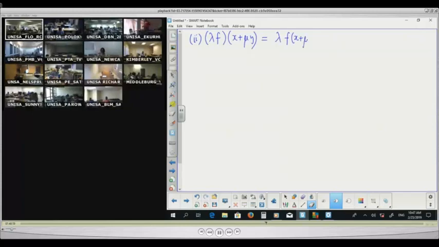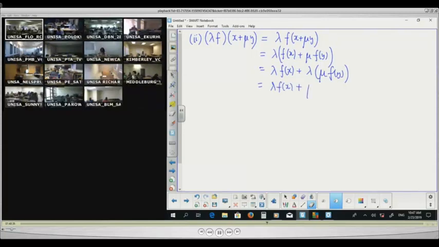This, by my definition of, but this, since f is linear, but then using the properties of the vector space, this is same as, but this is nothing else but lambda times f of x plus mu times lambda times f of y.